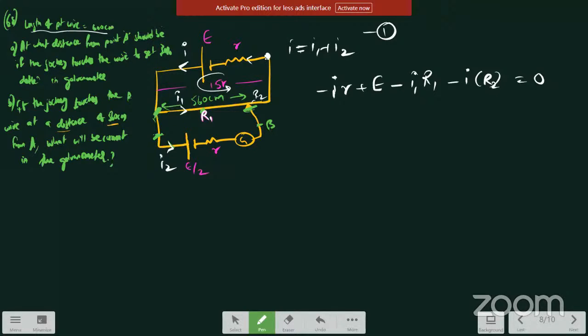I repeat once again: I started from here, current is flowing in this direction, so minus IR, from negative to positive so plus E. Let us say this point is M and this point is A. AM has the resistance R1, and MB has the resistance R2. So R1 has one current, R2 has a different current. So minus I1 into R1 and minus I into R2, and we reach this point again, so 0.